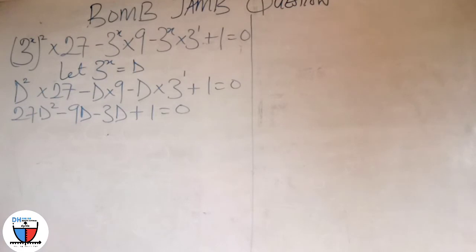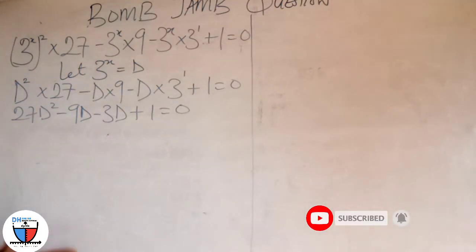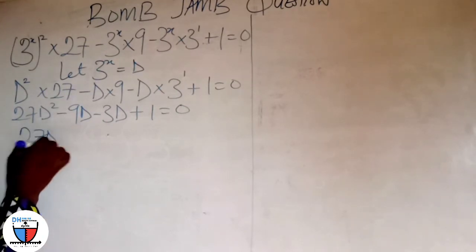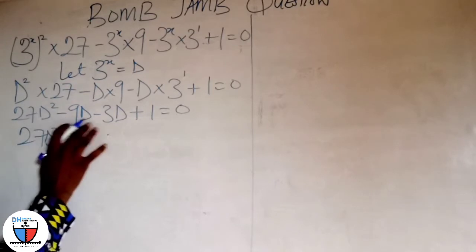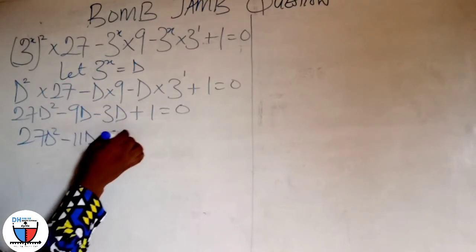So from here you can see this is getting to a kind of quadratic. This is going to a quadratic equation. Now if I do something, I can solve this question from here straight away, but let me show you something. Minus 9D minus 3D is giving us minus 12D plus 1 equal to 0.